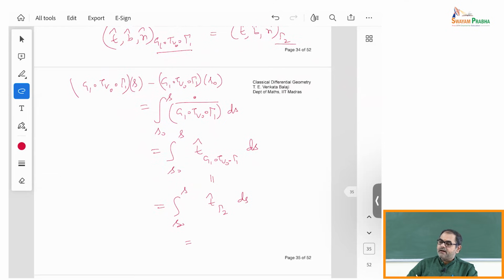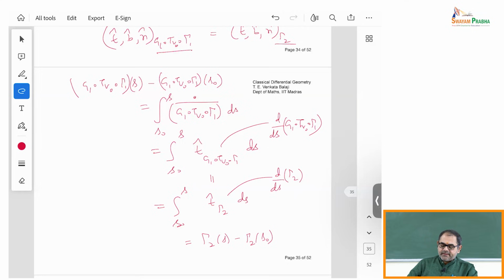By the way, remember that this is just d by ds of g1 circle T v naught circle gamma 1, and this is just d by ds of gamma 2. Therefore I will just get gamma 2 of s minus gamma 2 of s naught.